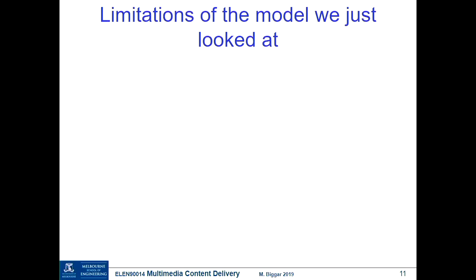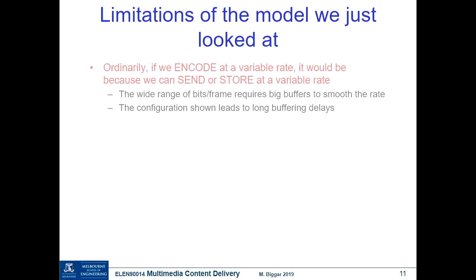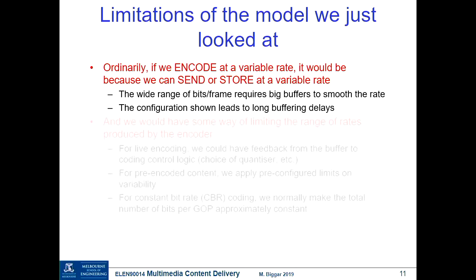So there are some limitations of what we've just done there. Ordinarily, if we're encoding at a variable rate, it would be because we can send and store at a variable rate. There's a very wide range of number of bits per frame in that particular simulation because it was for a variable rate transmission. So that's why we had quite long delays.